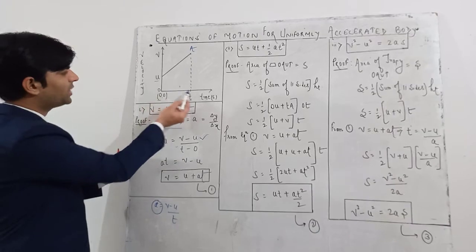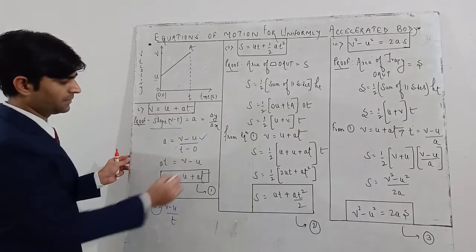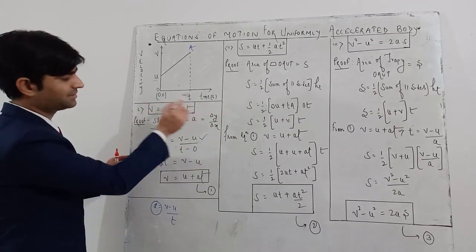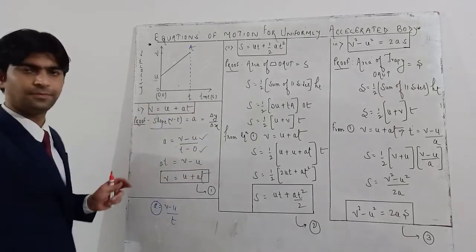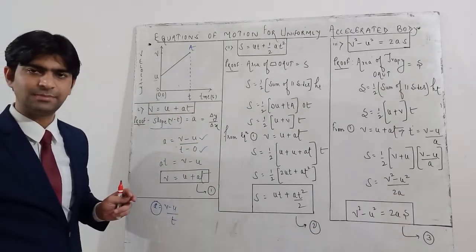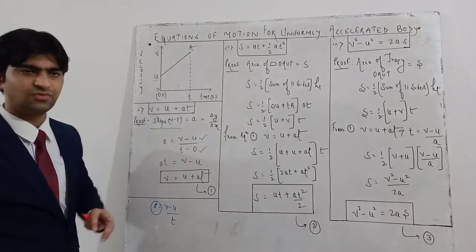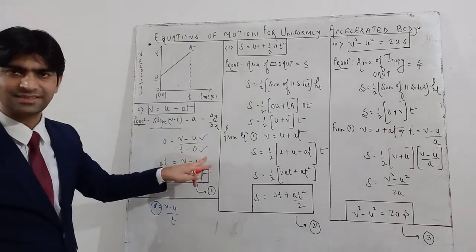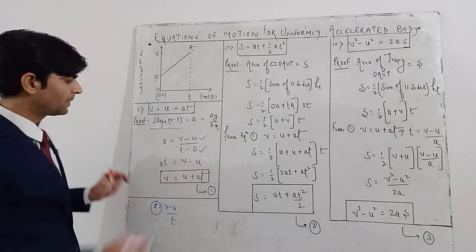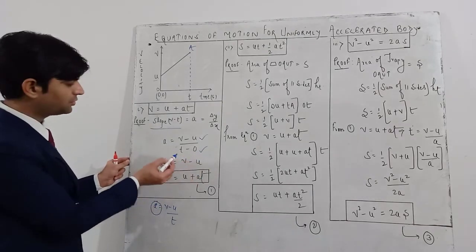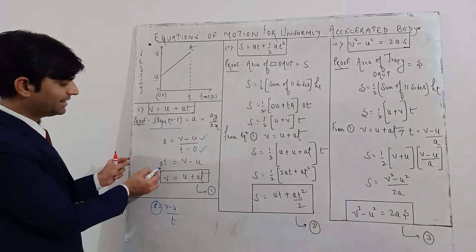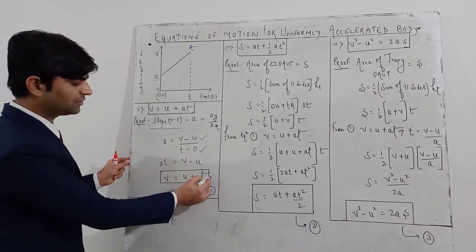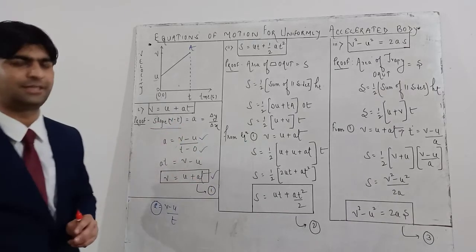So the change in x-axis is T minus 0, and the change in y-axis is V minus U. Change in y-axis upon change in x-axis is the basic formula for slope. Now T minus 0 is T, so you cross multiply and you get AT is equal to V minus U, or V is equal to U plus AT.